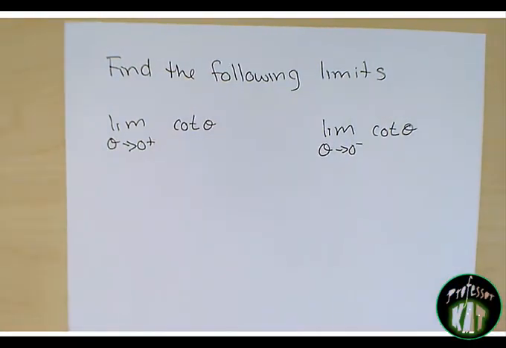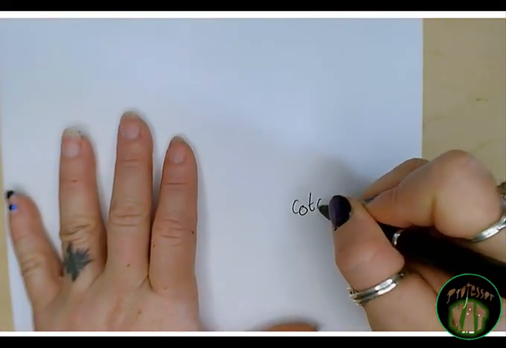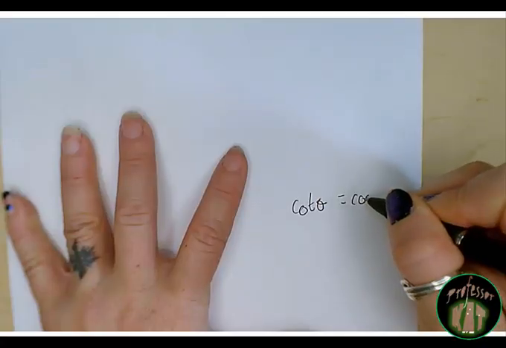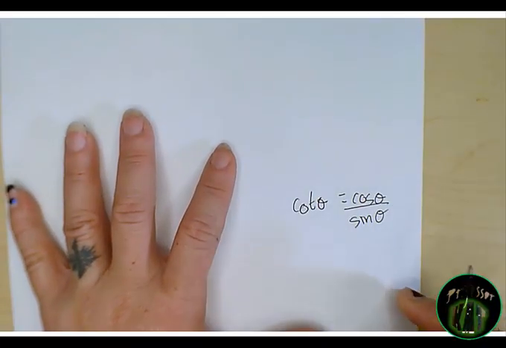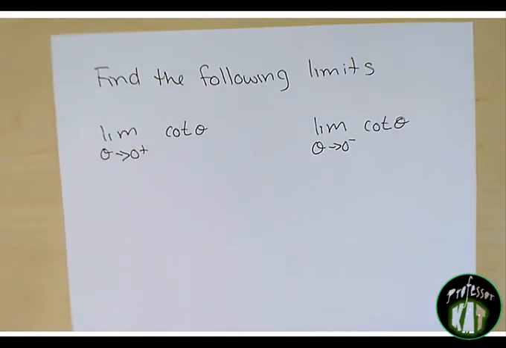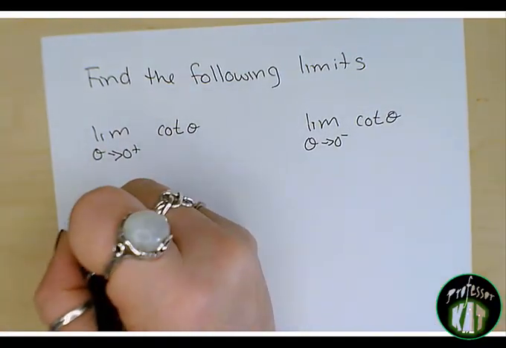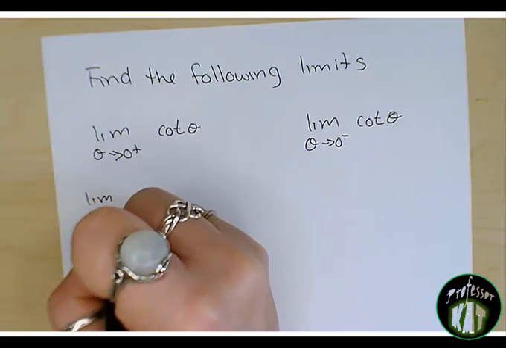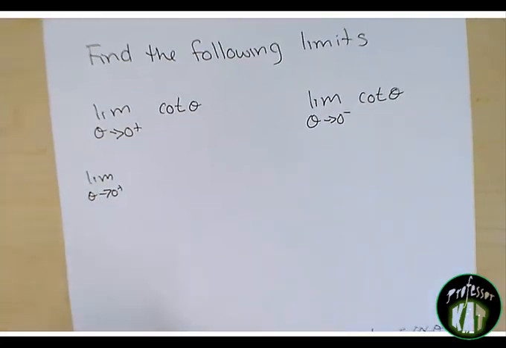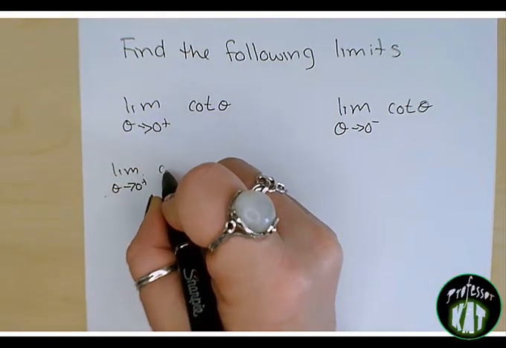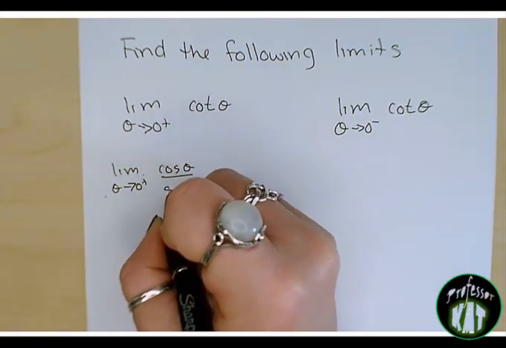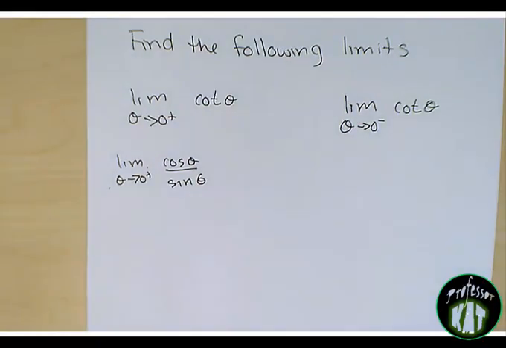One of the first things that we are going to want to do here is hopefully remember that cotangent theta is equal to cosine theta over sine theta. So I'm going to say that the limit as theta approaches 0 from the positive side of cotangent is the same thing as the limit as theta approaches 0 from the positive side of cosine theta over sine theta.